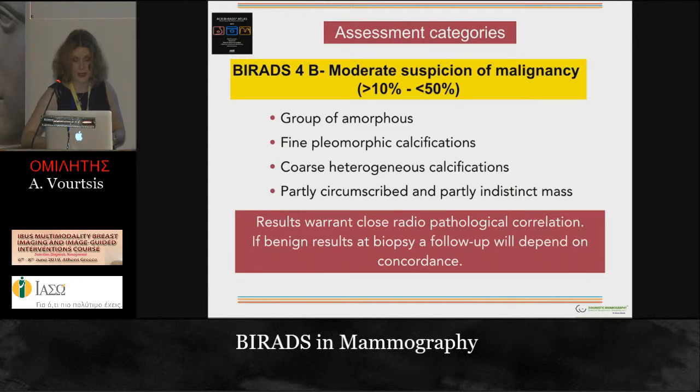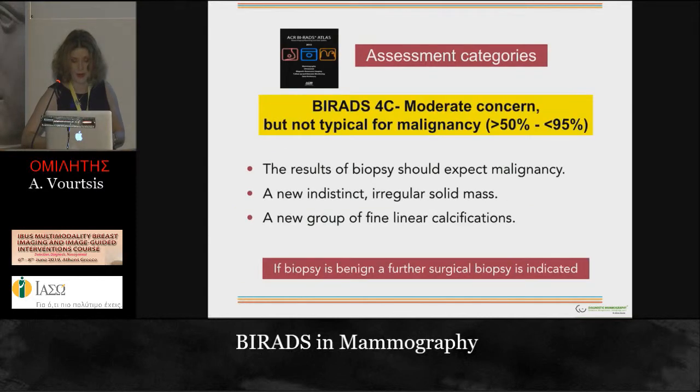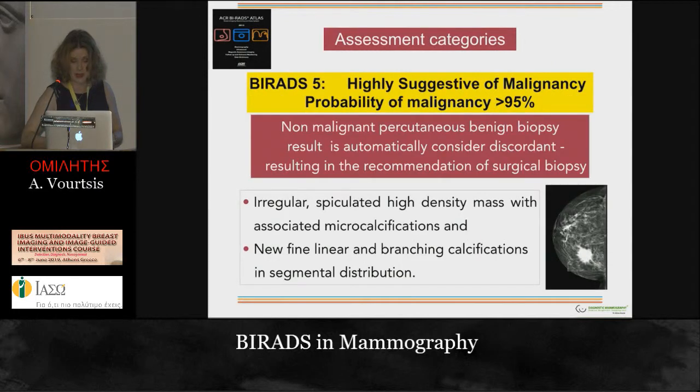In 4B are classified amorphous calcifications, the fine pleomorphic, the heterogeneous, and also the partly circumscribed and partly indistinct mass. For 4C, the results of a biopsy in this category should expect malignancy, and if the biopsy results are negative, a further surgical biopsy is indicated.